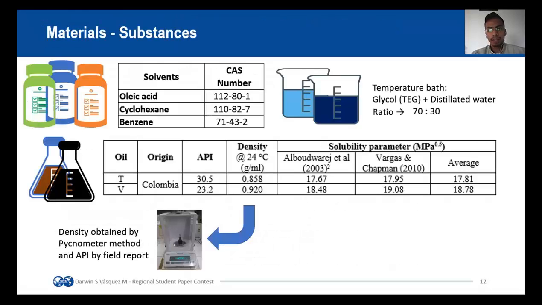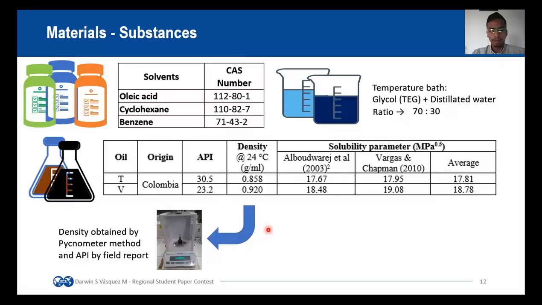For the materials, I used three solvents. The temperature bath was glycol and distilled water. The tests were developed with two medium crudes of 30.5 and 23.2 API. The densities were measured in the laboratory.